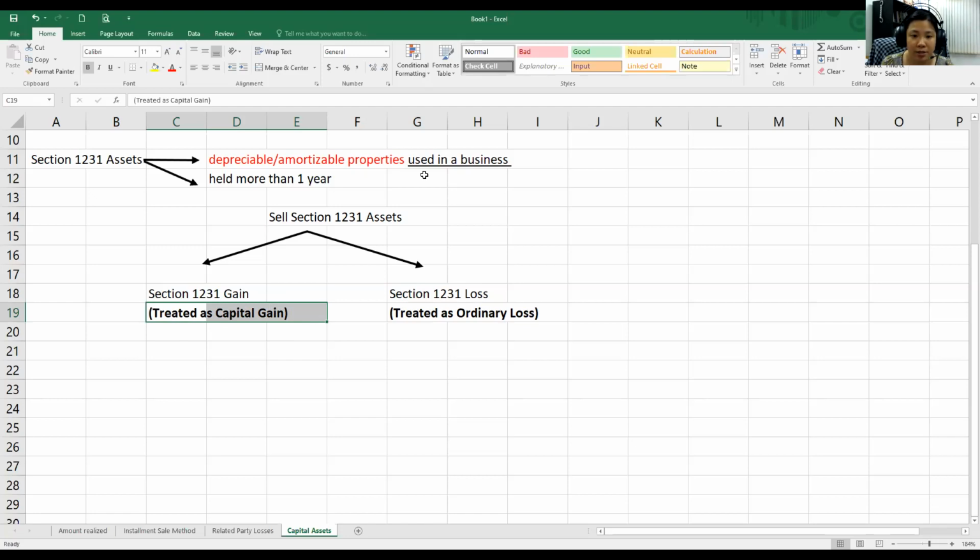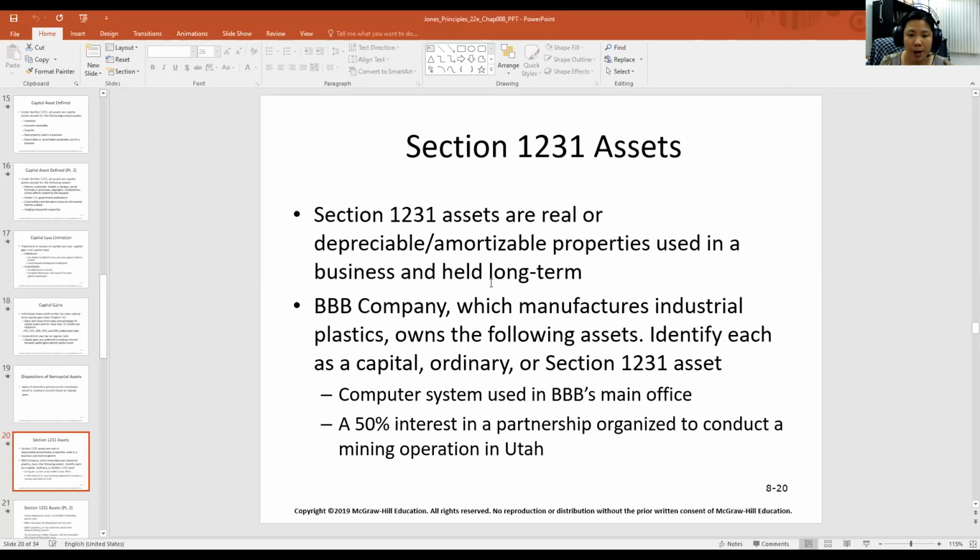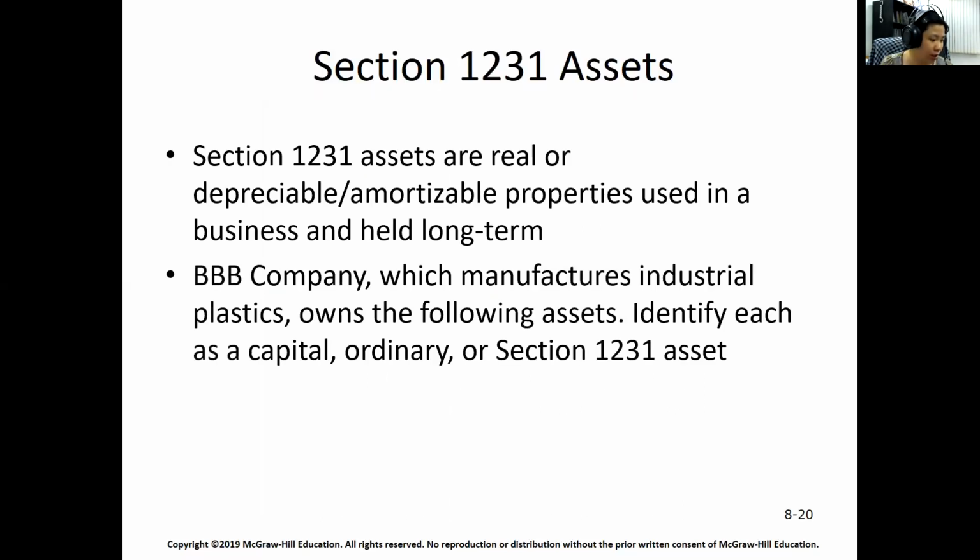Now let's go back to the PowerPoint again. Let's look at an example in the book. You can open the book to page number 28, question number 1.